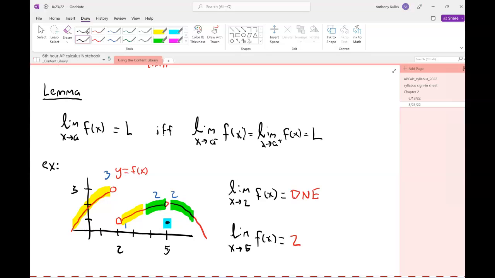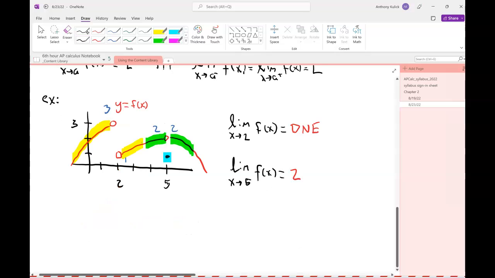So we've talked about left-hand limits and right-hand limits and how we can use those to determine if a limit exists. We're going to move on and talk now about infinite limits.